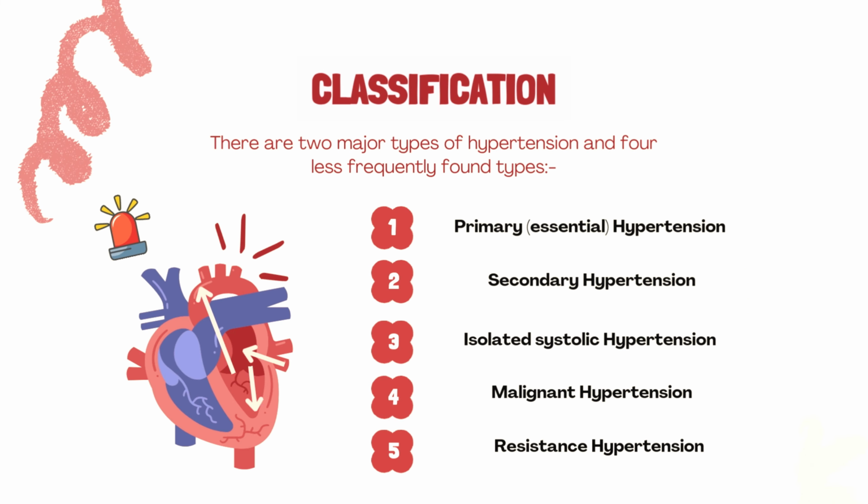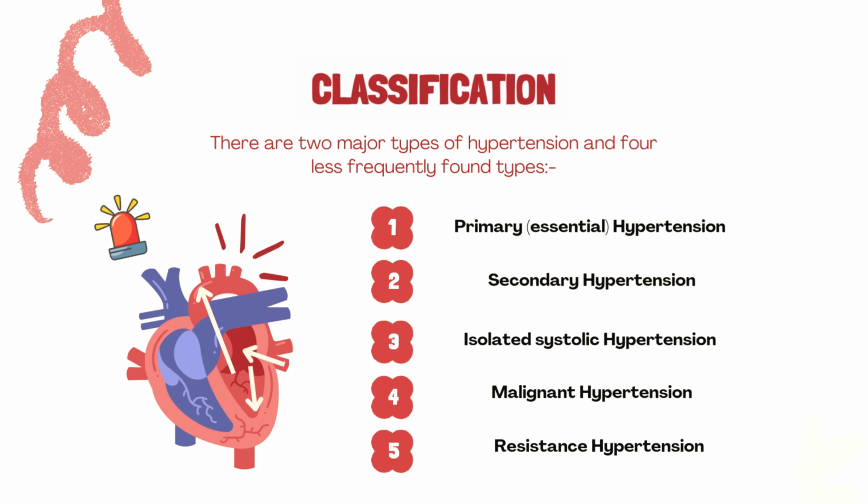Now we will have the understanding about the classification of hypertension. There are two major types of hypertension and four less frequently found types. Those two major types are primary, or essential hypertension, and secondary hypertension. In primary hypertension, about 95% of people have high blood pressure that is essential hypertension.